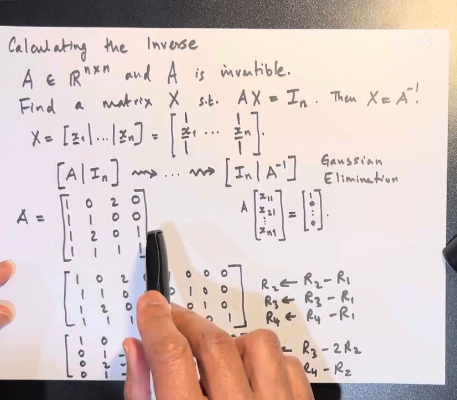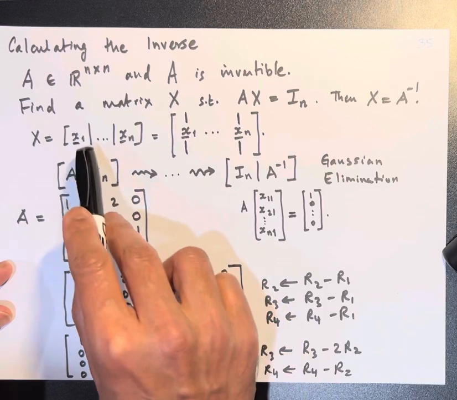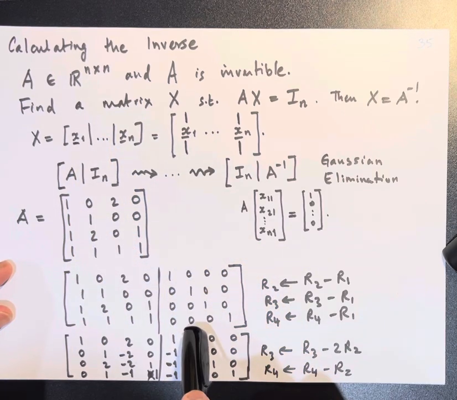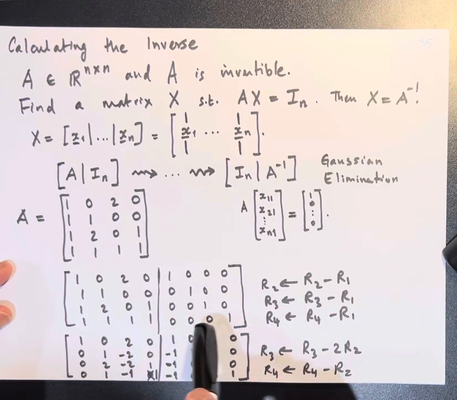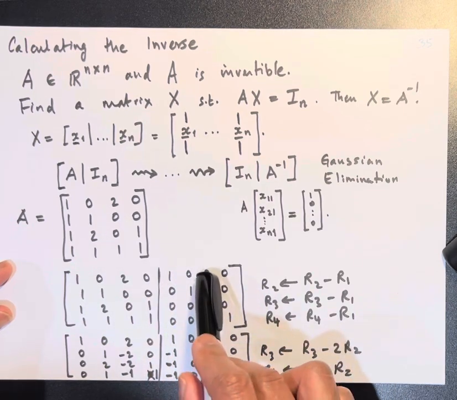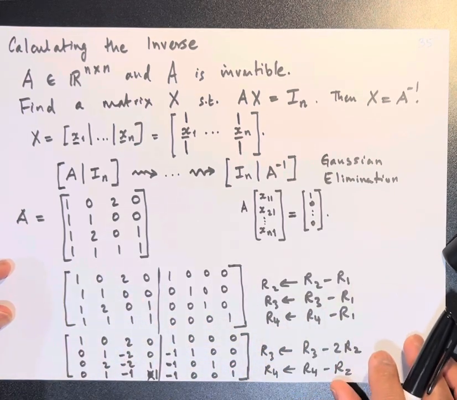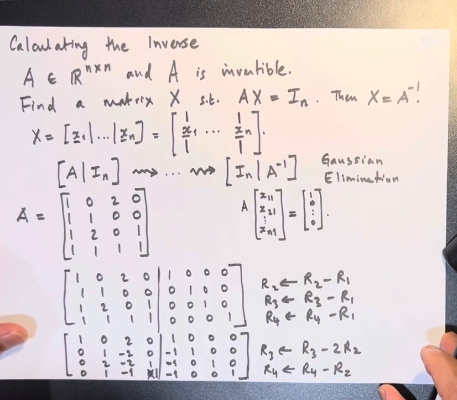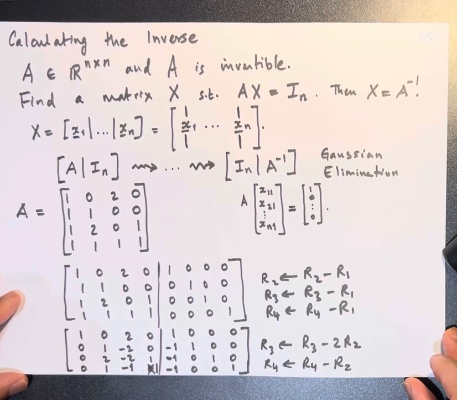Then we want some other vector, the second column, this x2, where A times x2 is going to give us this column, and so on, right? And this is just a neat trick to put the identity matrix here, and then you do this reduced row echelon form, then this becomes your answer, which is A inverse, or the X that you are trying to solve. I hope that one is clear.